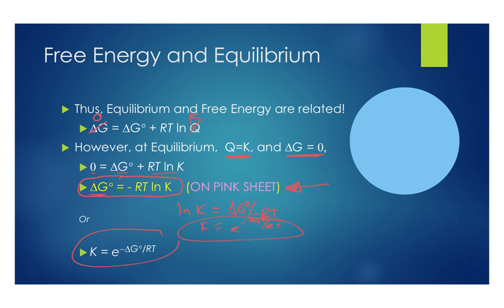Which is the other expression of this equation. This then allows us to figure out the equilibrium constant if we know the amount of free energy available as well as the RT. Since delta G is a thermodynamic property, in this particular case, we're going to be using the form of R, which is 8.314 joules per mole Kelvin.